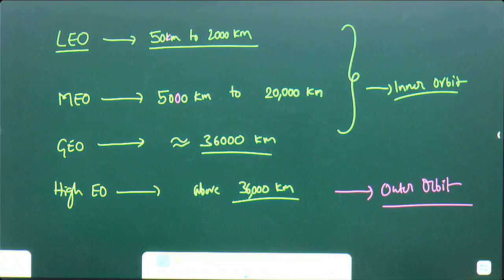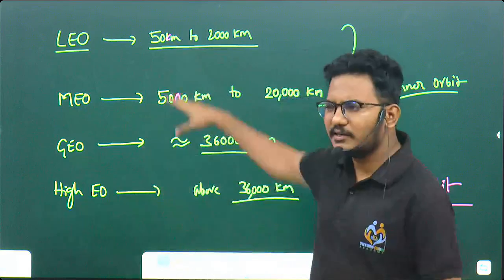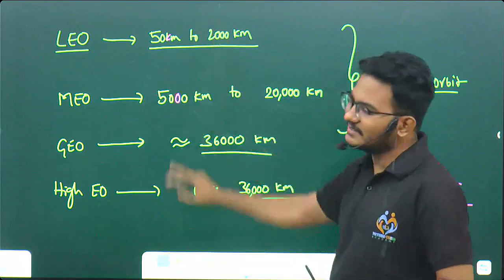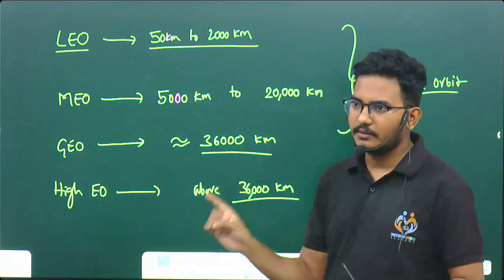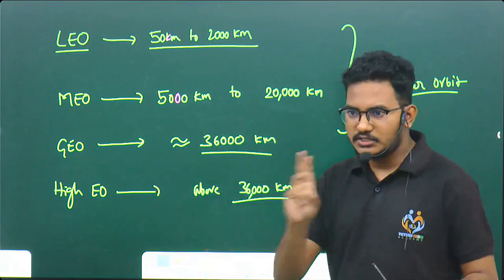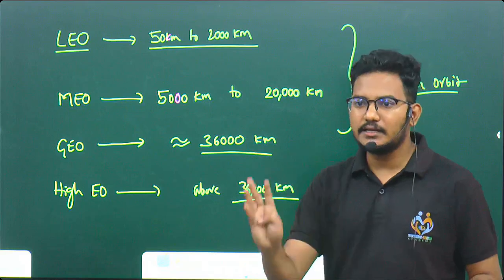Understood? Based on the distance, we have 4 types of orbits. I mean, further divided into so many types, but basically 4 types: low Earth orbit, medium Earth orbit, geostationary Earth orbit, and the fourth one is high Earth orbit.